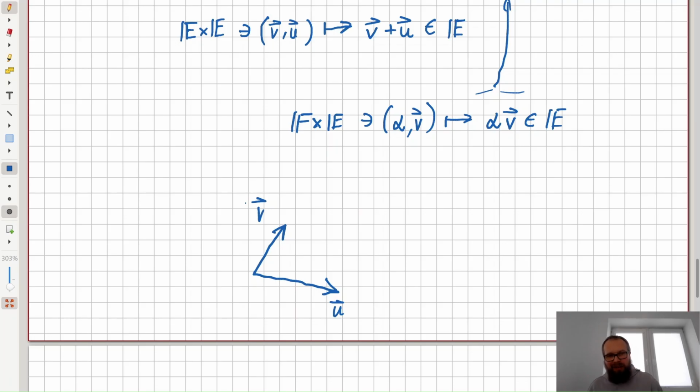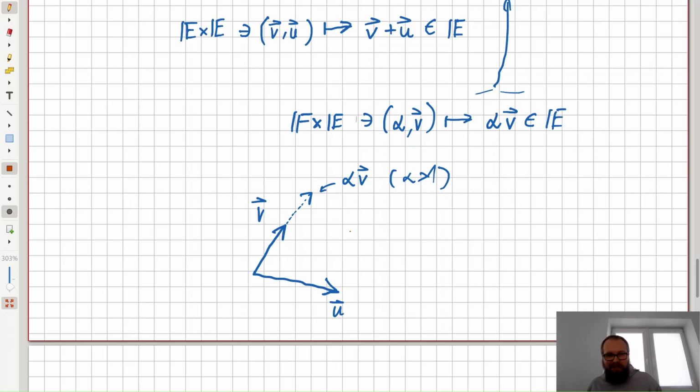So this would be alpha v, if alpha is greater than 1. If alpha is less than 1, you shrink it.